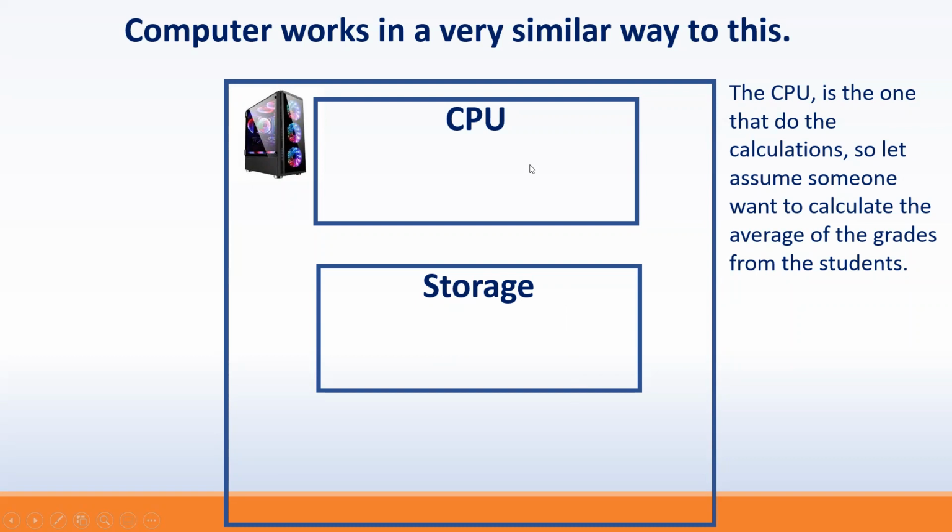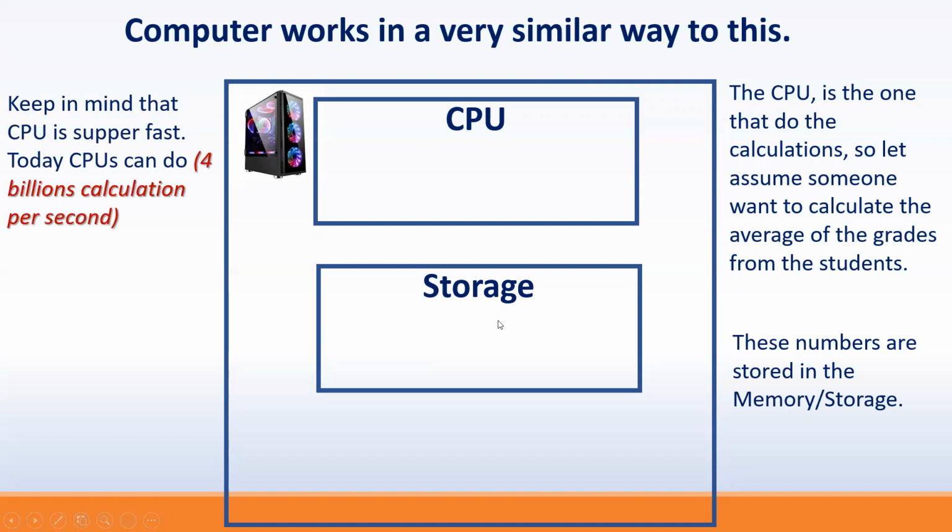The CPU will tell the storage, give me the first number, give me the second number, he will add them. Give me the third, he will add them. Give me the fourth, the fifth, the seventh, then give me the 100th, here is the answer. So the CPU depends very heavily on the storage in order to work.